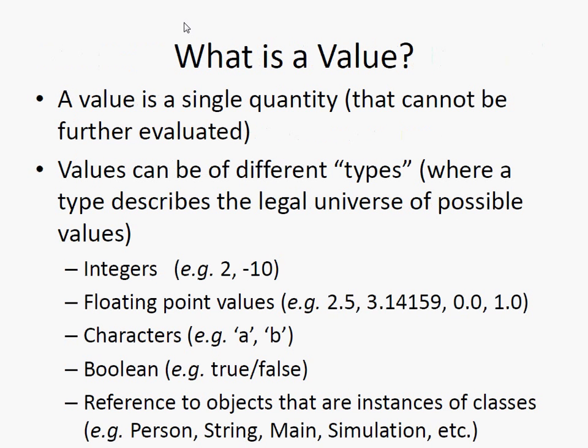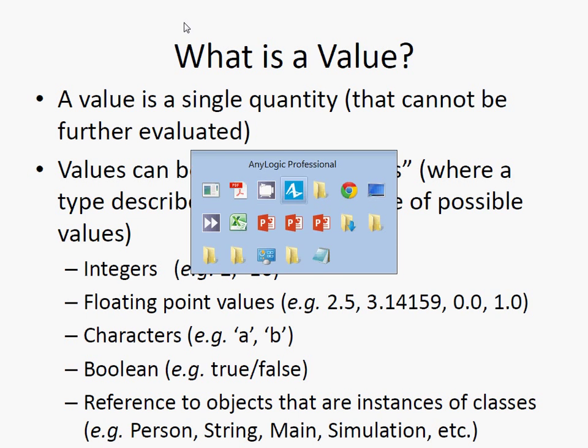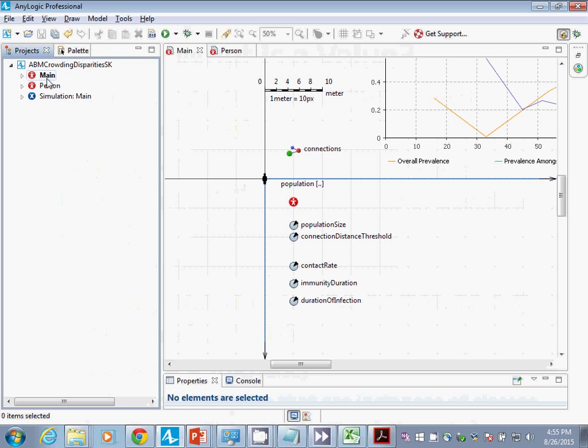Within this context, there are frequent needs within the AnyLogic user interface for putting in place formulas that give values. We saw that at many points within the context of today's model, but we've also seen it in other models.